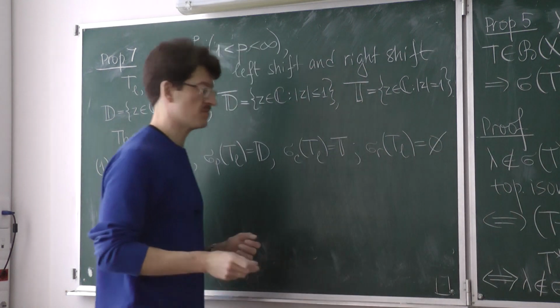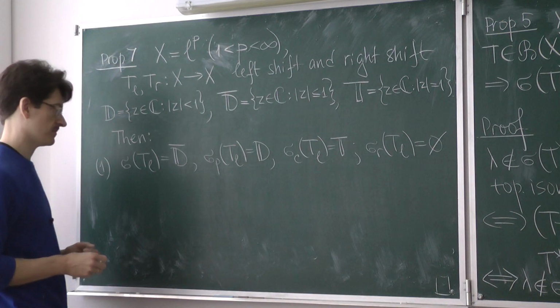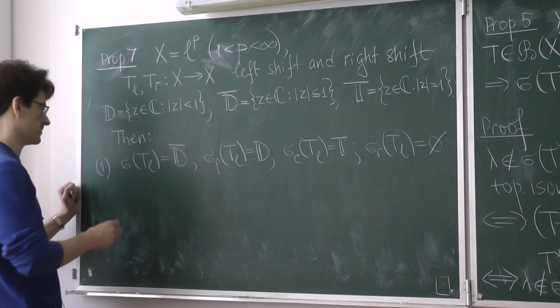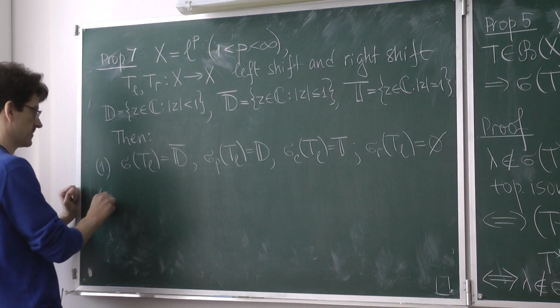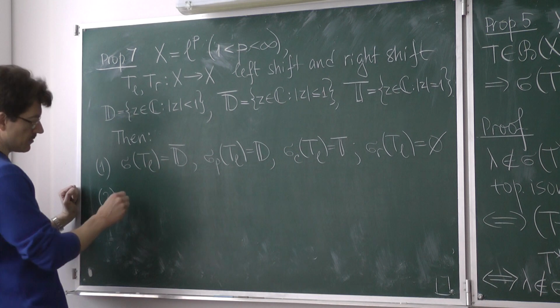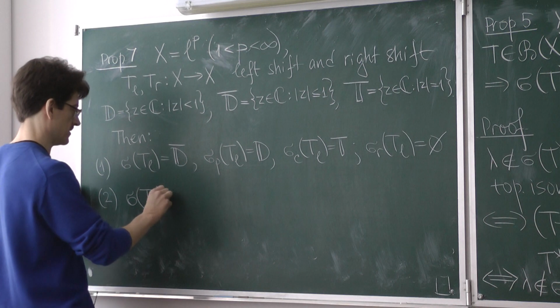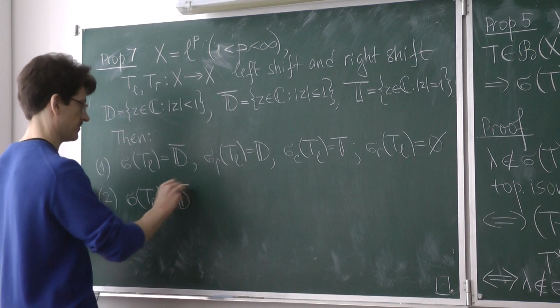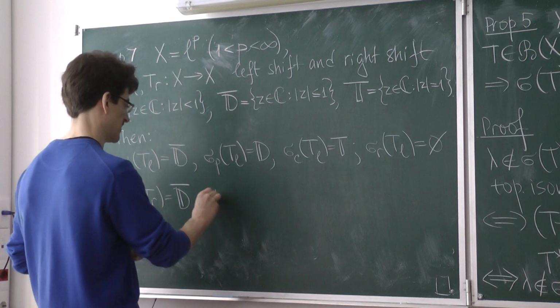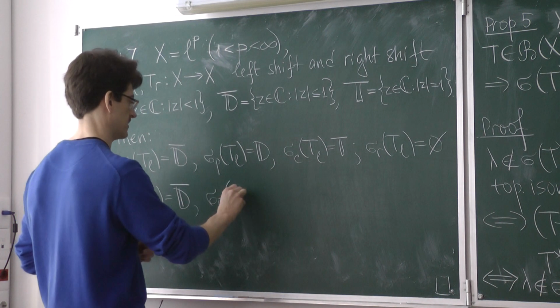This is the full information about the left shift operator, about the spectra, or the parts of the spectrum of the left shift operator. As for the right shift operator, we have the following. The spectrum of the right shift operator is again the closed disk. The point spectrum of the right shift operator is empty.